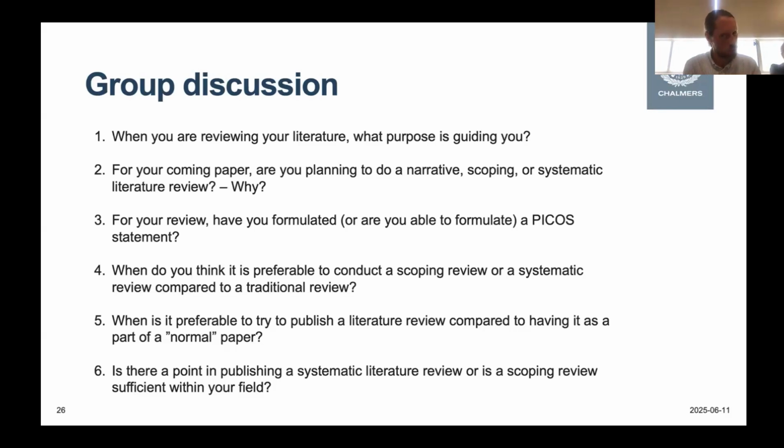But it's hard to summarize it because you really need that PICOT statement. That I would say is the why, and the why kind of coincides with the when too. The more precise it becomes, the more reasonable it is to do a systematic literature review.